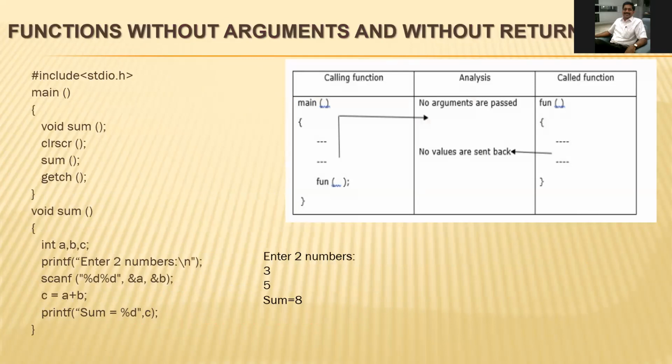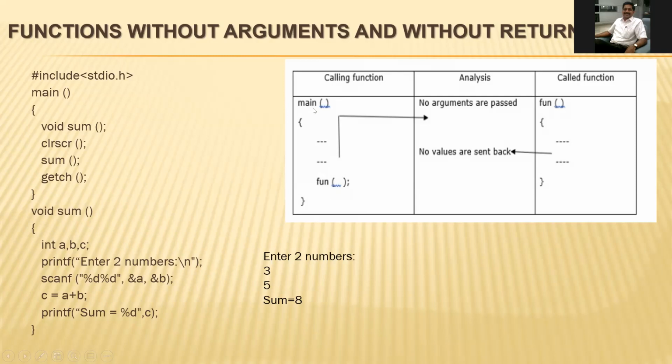This is the first category, in which there are no arguments and no return values. See this figure: this is the calling function. The main function may be a calling function.